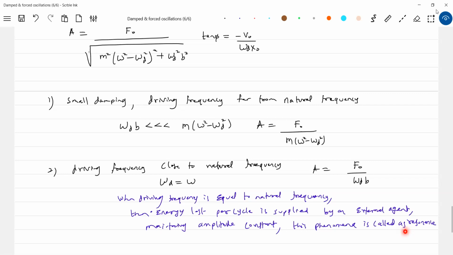Or I think, maintaining or increase in amplitude, I'll write it. This will be better technically. This phenomenon is called resonance.